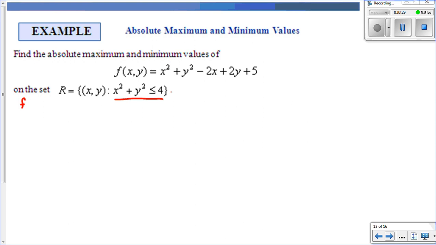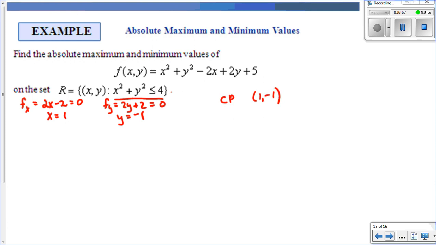Get the partial derivatives. F sub x will be 2x minus 2. F sub y will be 2y plus 2. And these both will be 0 when x is 1 and y is negative 1. So the only critical point is the point (1, -1).